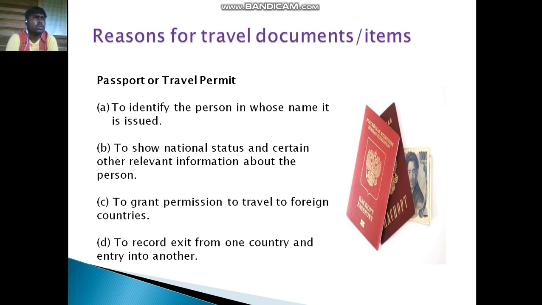It shows who the person is traveling with the picture. It tells various information about the person, their place of origin or birth, date of birth, height, and so forth. And it also has a record of all the countries that a person has entered and exited, a travel history of that person. So the passport is a very important document, and you need to have it to travel legally within countries.